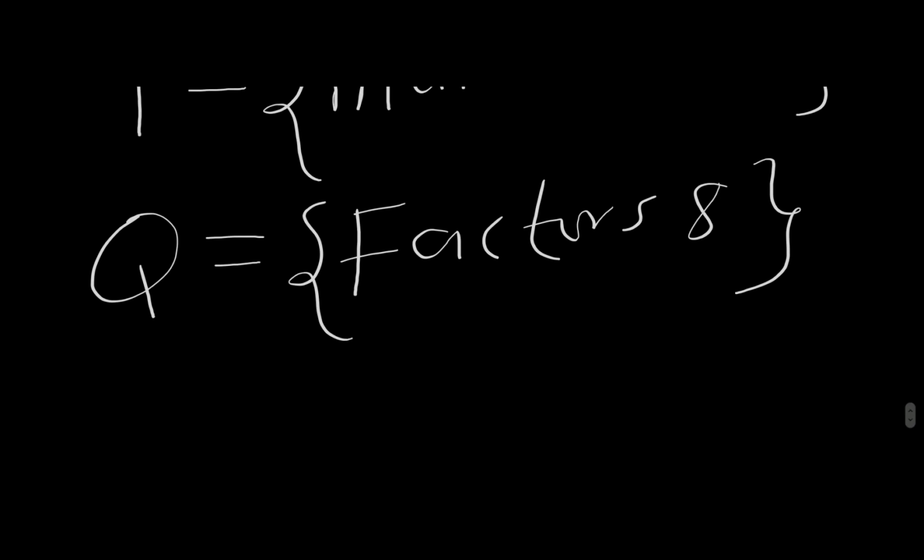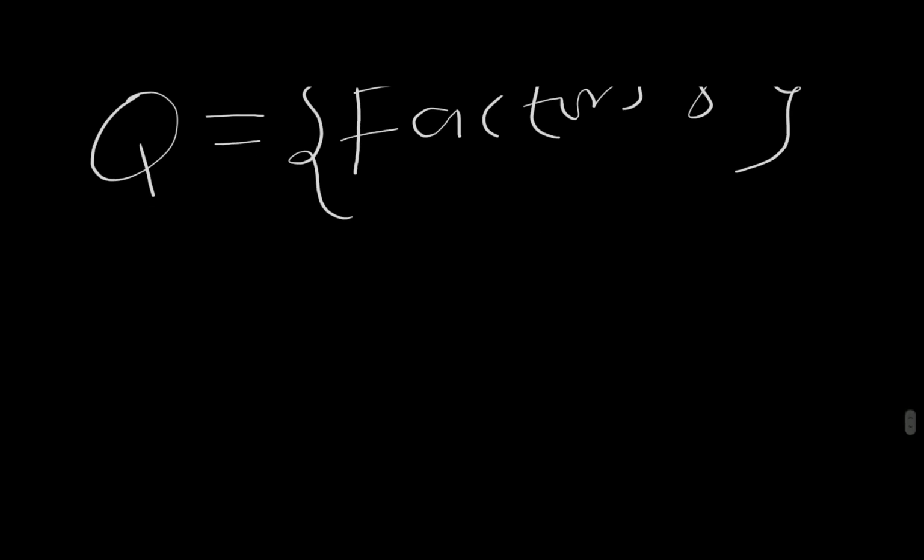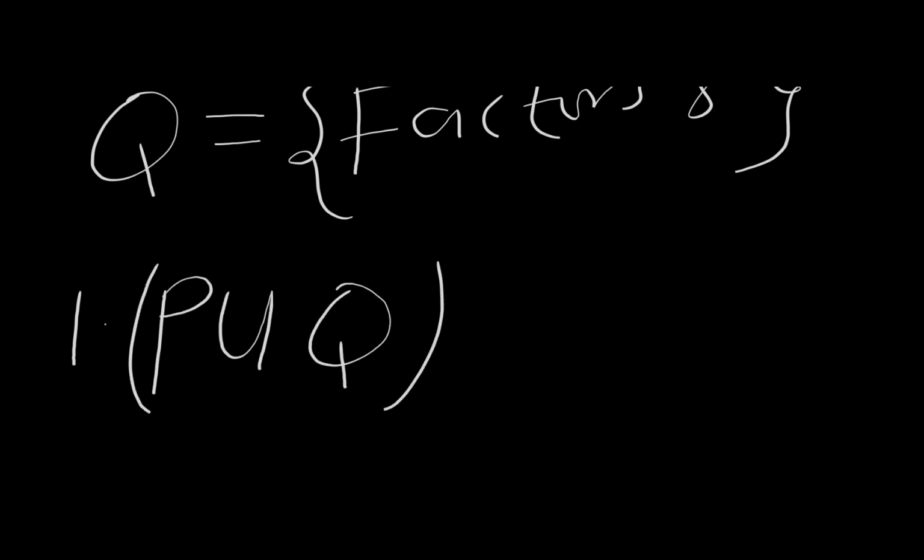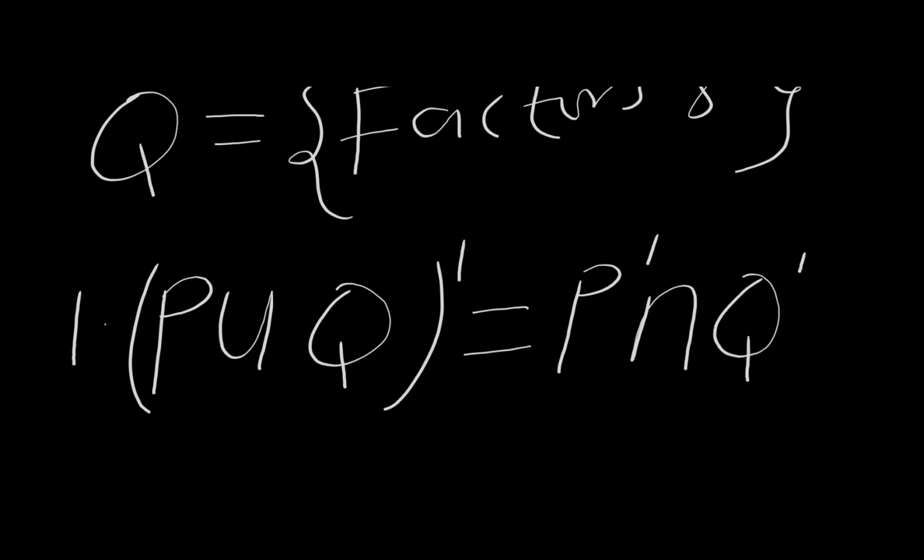Now, if P and Q, as we said, are subsets of U, show that 1, (P union Q) all prime is equal to P prime intersection Q prime.